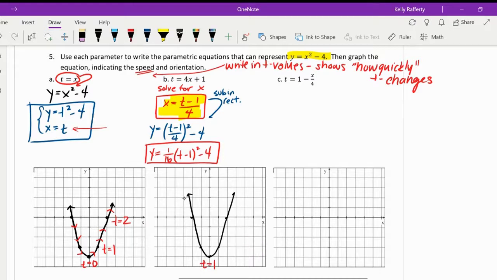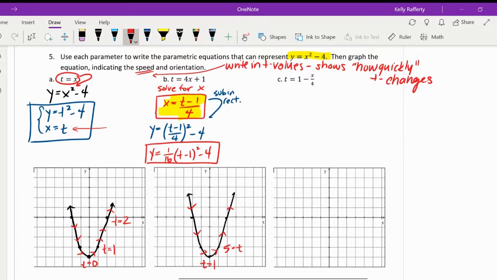And let's think about here. When x is 1, it looks like t would be 4 plus 1. I think it would be a 5. That's it. And just 2 points is enough for us to see orientation. So I know that my graph, the orientation will be from left to right here.